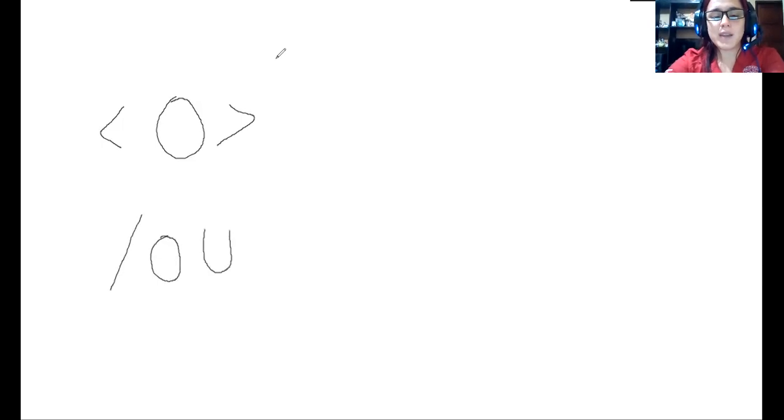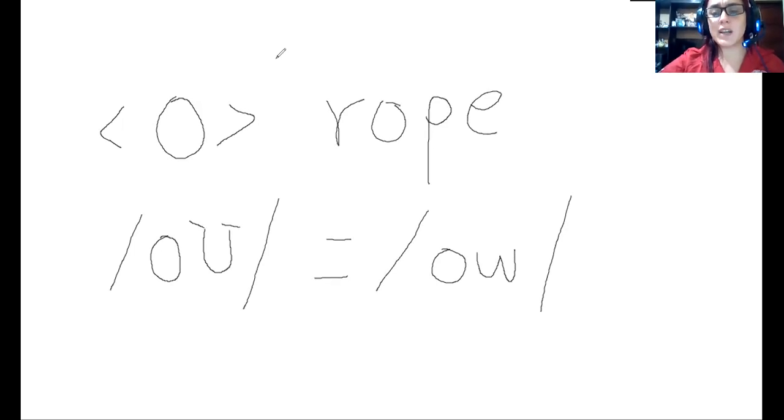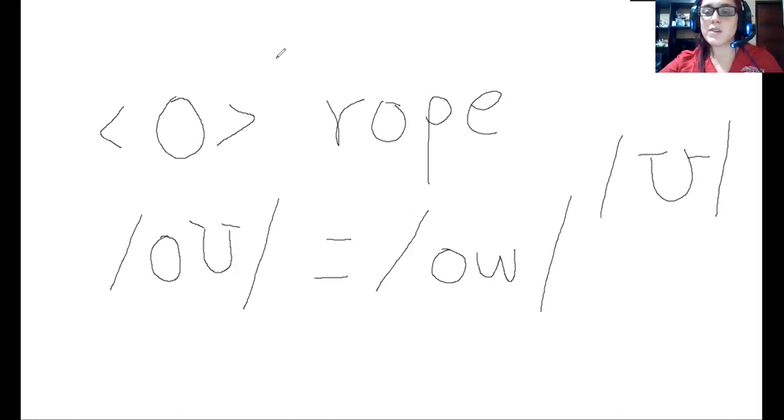By the way, in this book you're going to find the O symbol like this, but in the IPA it is also used like OW. You can use either, it doesn't matter, but you have to understand that some of you, when you see, for example, this rope, and I ask you to identify sounds with the lax U, you say, oh, this one, rope, because you see the U. But actually this is not a sound represented here, because this one is a diphthong, okay?